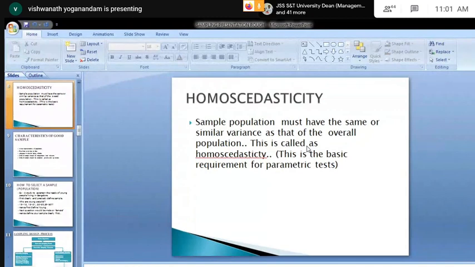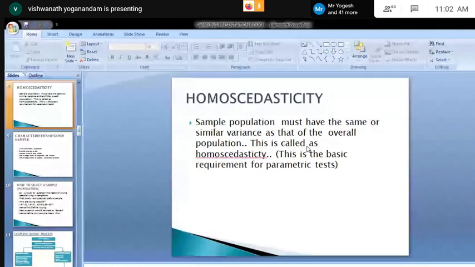It is very simple. If he collects non-parametric data and uses a parametric test, we outright reject the paper. So you should be careful what kind of data you collect, what kind of sample you take, and what kind of test you use. In the limited time we have, I will try to give you some light on that.